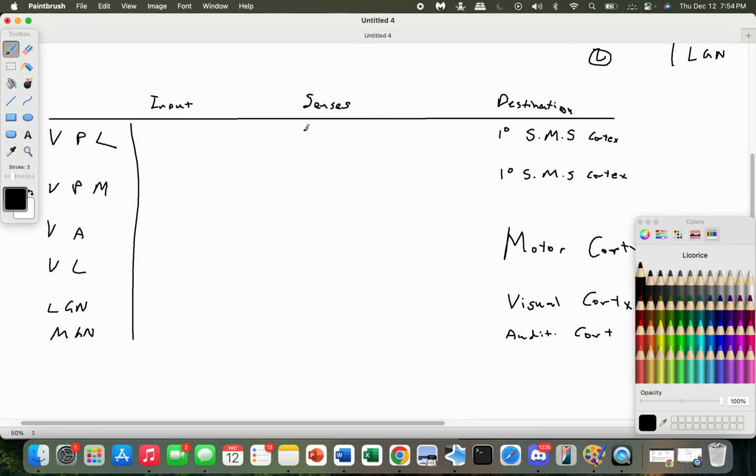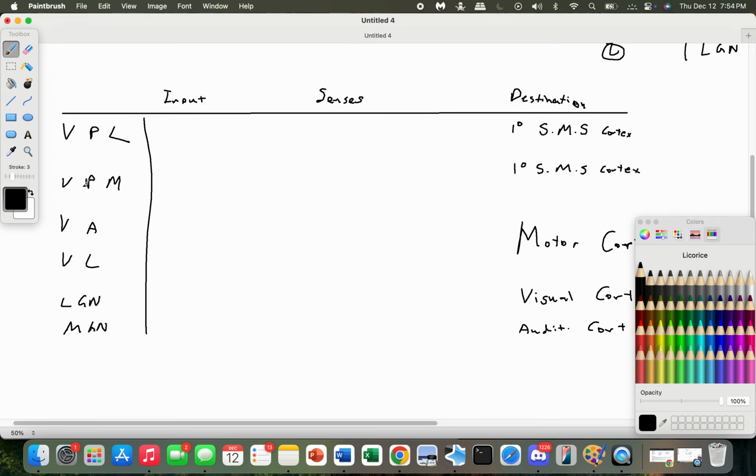So if those two tracts are going to go through both of these nuclei, through the VPL nuclei, then your senses would be vibration, pain, pressure, proprioception, light touch, and temperature, right? Because if they're going to the somatosensory cortex, you're going to get your senses.